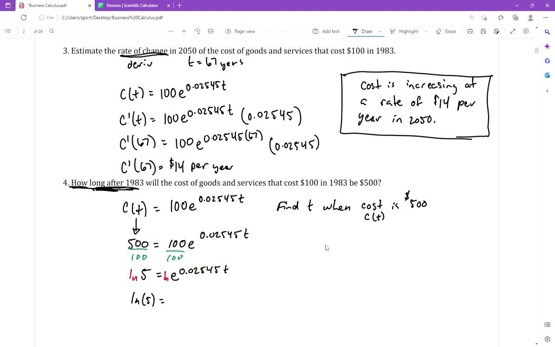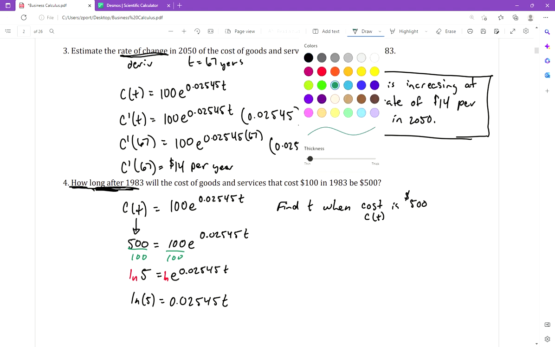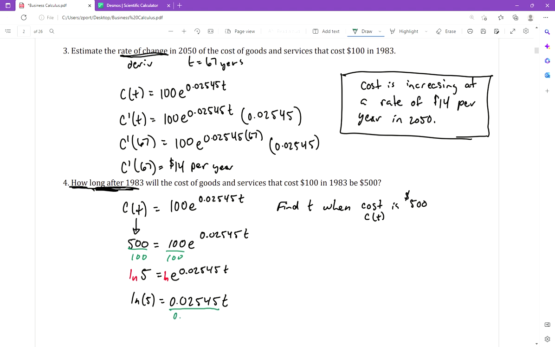The right-hand side, so ln's and e's cancel each other out, leaving us with just the power, so 0.02545 t. And then I want to solve for t, so that means we should divide by this decimal, 0.02545, on both sides.